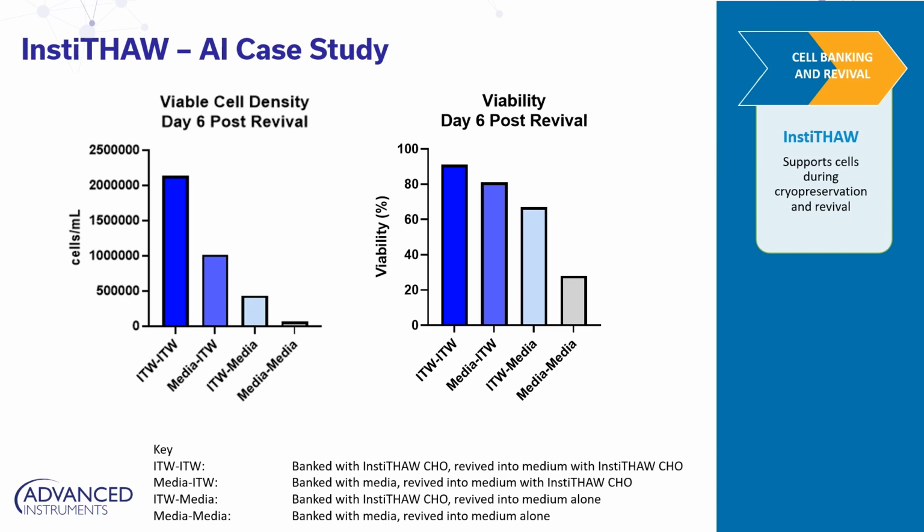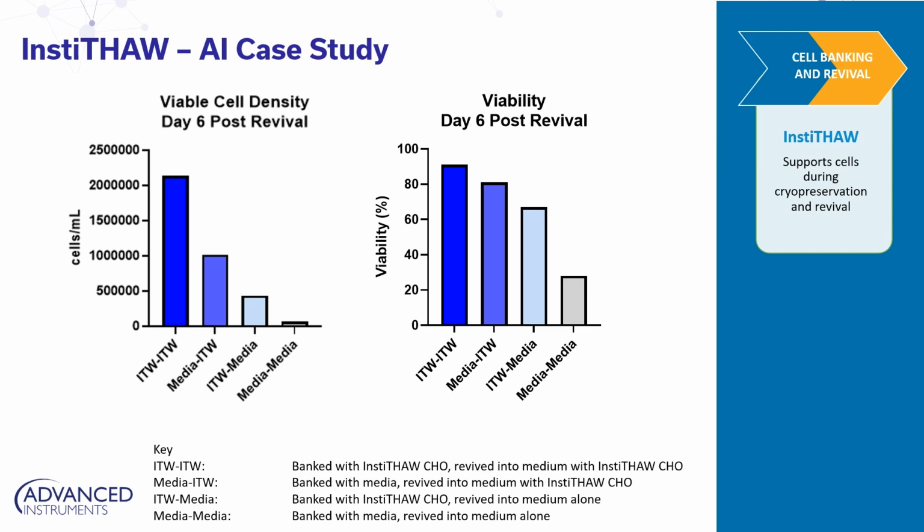We tested several conditions in this study. The first included cells which were banked and thawed with InstiThaw. Our second condition consisted of cells banked under normal conditions and thawed into medium supplemented with InstiThaw. Next, cells were banked with InstiThaw and thawed into medium alone.